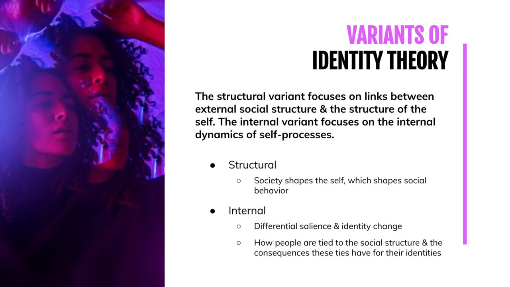And then, of course, the nature of identities and how they operate within the context in which they're held, your immediate context. So, again, those are the two variants within identity theory: there is more of a structural variant and there's more of an internal variant.